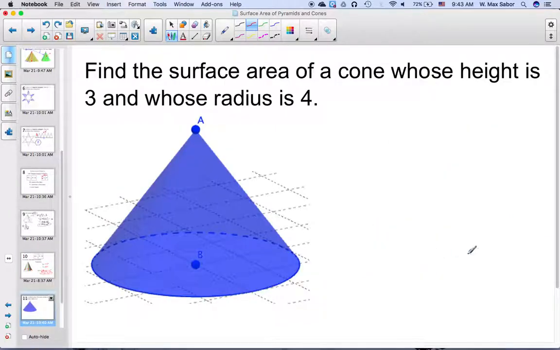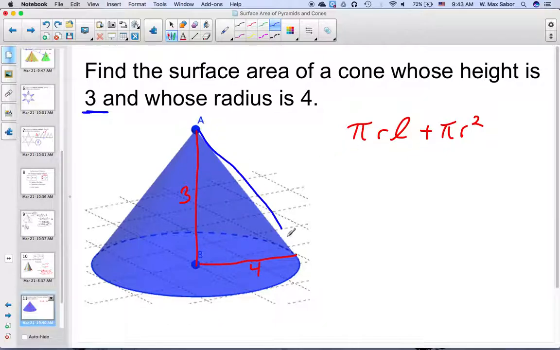So, the surface area of a cone whose height is 3 and whose radius is 4 is pi r L plus pi r squared. We don't have the slant height. A very common error is to say, oh, the height is 3, so the slant height is 3. That's not true. The slant height is over here.